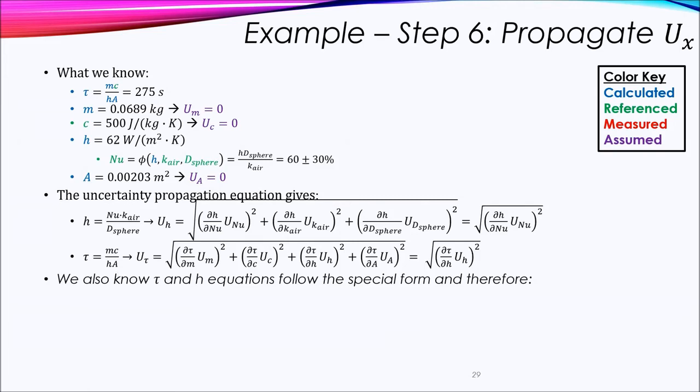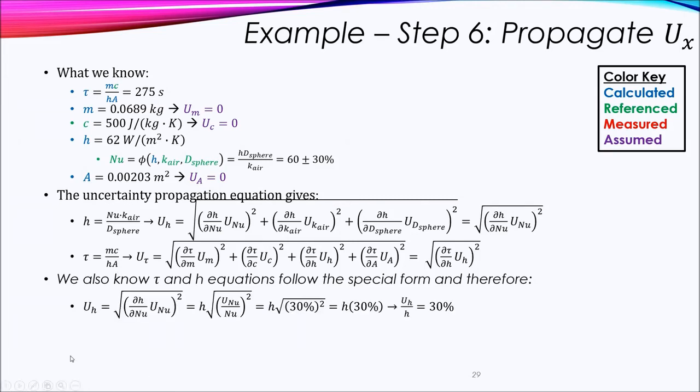And so imposing that special form, for h, we get that it's equal to h multiplied by the square root of the square of the relative uncertainty of the Nusselt number, which we know already is 30%. So the square and the square root cancel, and we get 30% of h, which I'm just going to leave as this 30%, which you'll see in just a moment why I did that.